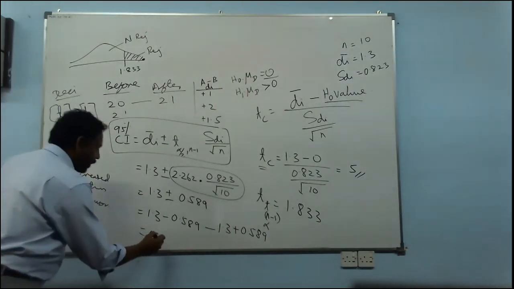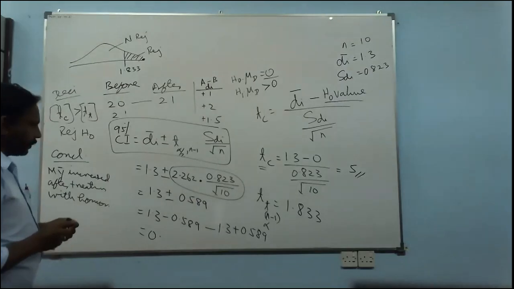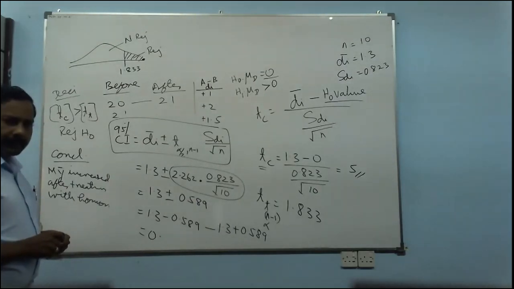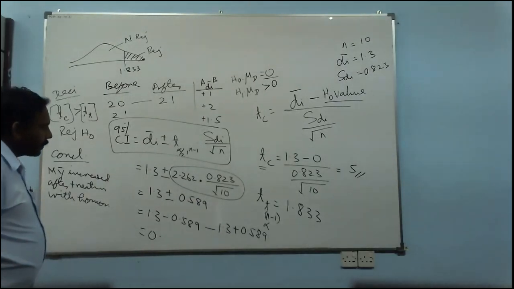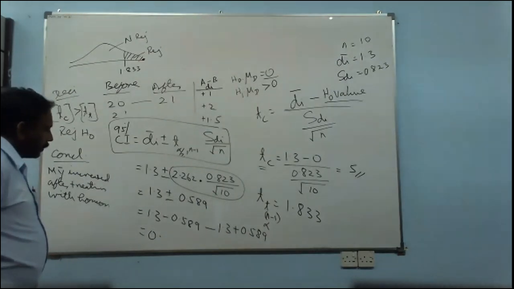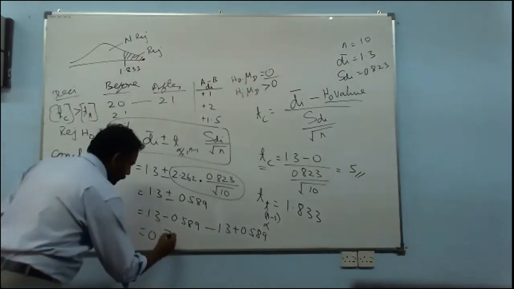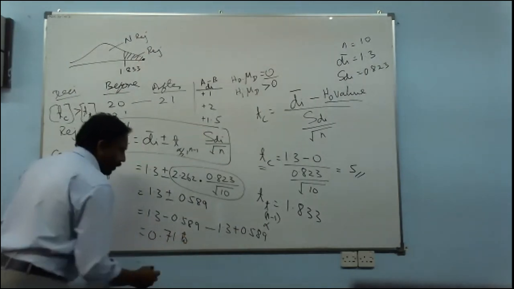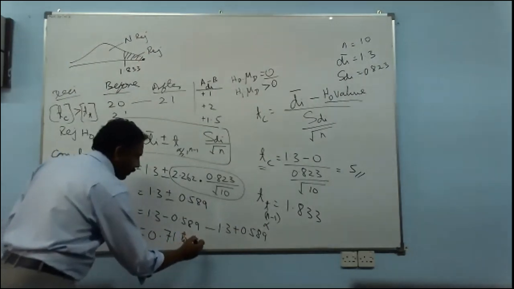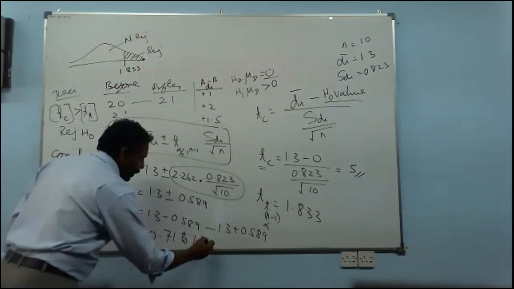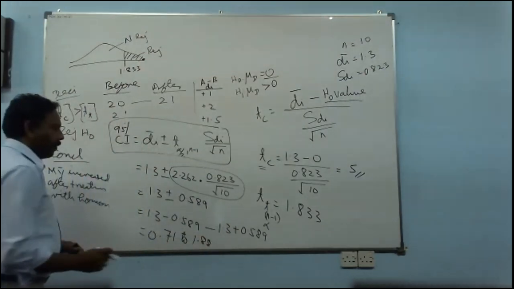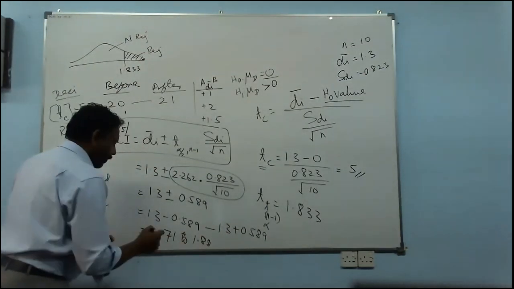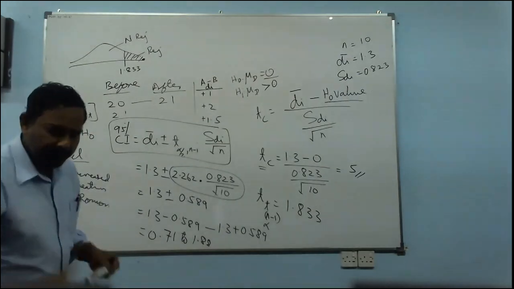What is the value here? 0.71. So 1.9, let's say 1.88, right?